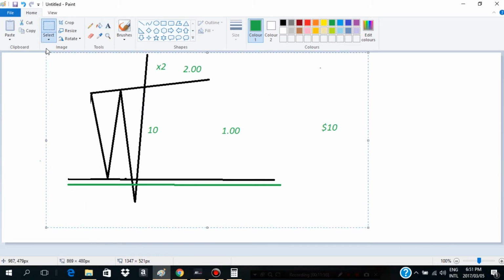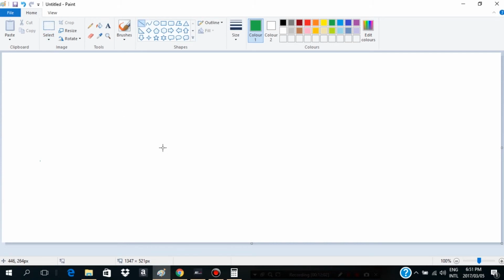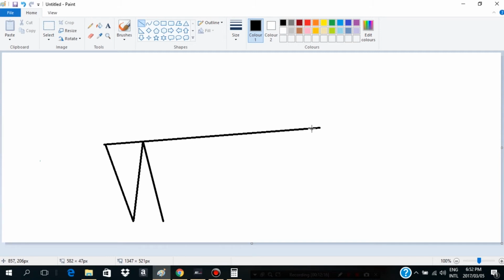The same applies to our double bottom. So if we have got a double bottom, and we know that this is the neckline, when price comes, if it triggers you over here and then decides to turn around, then you're going to do the exact same thing.